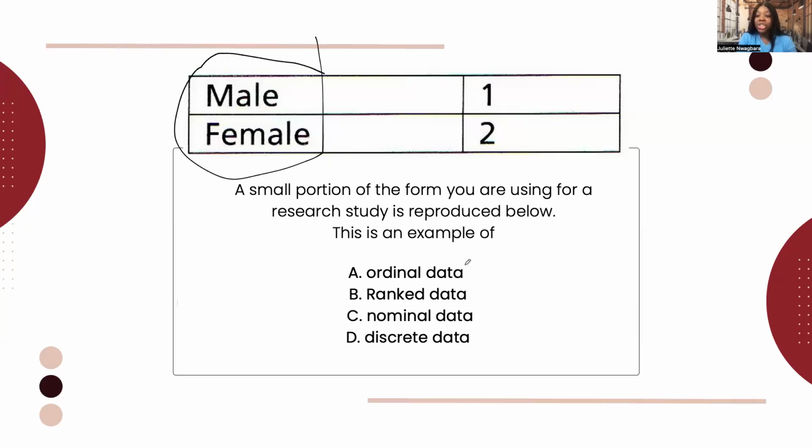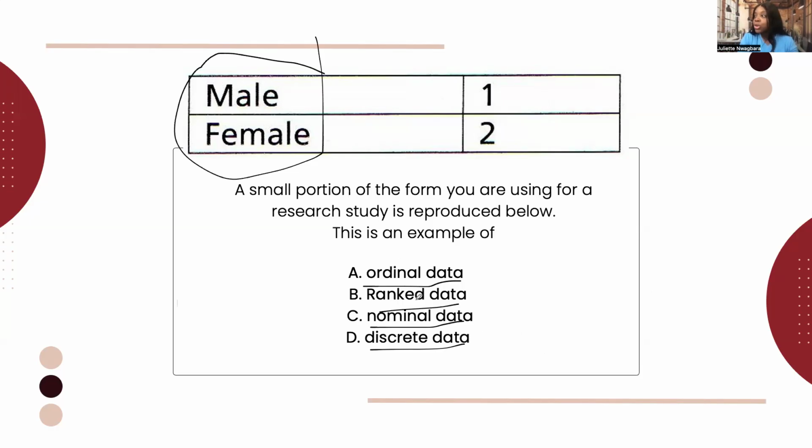So this is going to test your knowledge of knowing what ordinal data is, what nominal data is, what ranked data is, and what discrete data is. So if you don't know what these words mean, I highly recommend that you jot this down and that you are able to understand the differences between these terms.